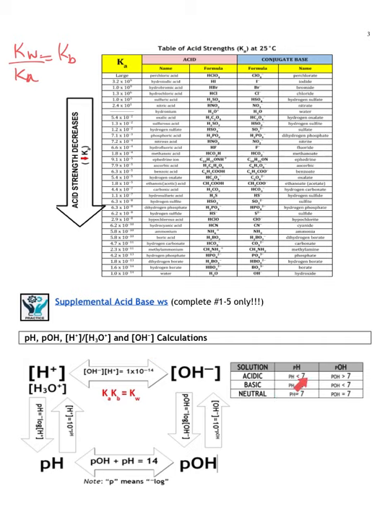Okay, we know some basic ideas. pH less than 7 is acidic, greater than 7 is basic, and equal to 7 is neutral. pH and pOH always add up to 14, so if pH is less than 7, that means pOH must be greater than 7, and vice versa. And of course, equal 7, this must be equal 7. That's why they add up to 14.